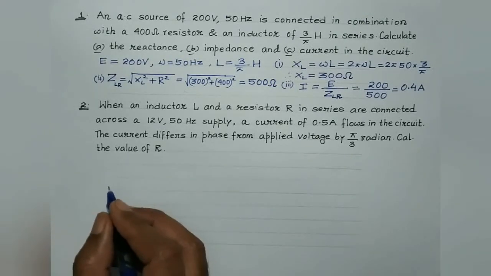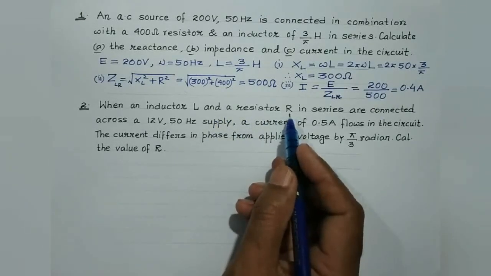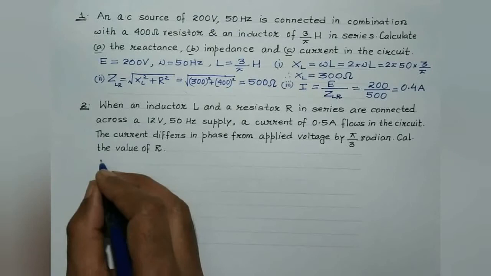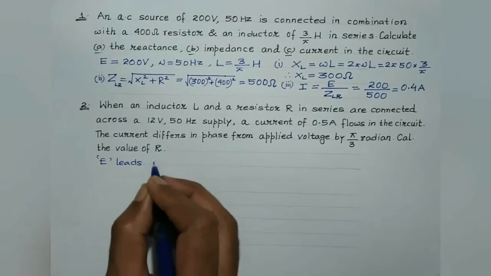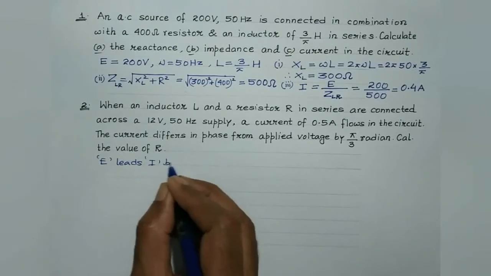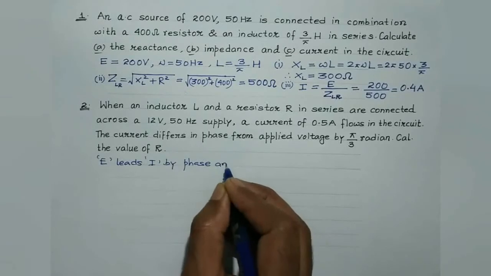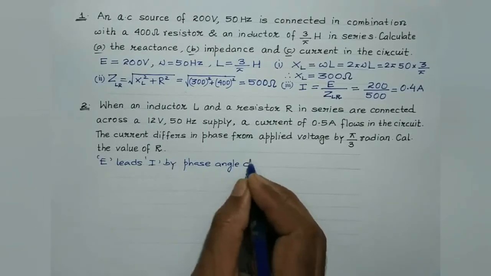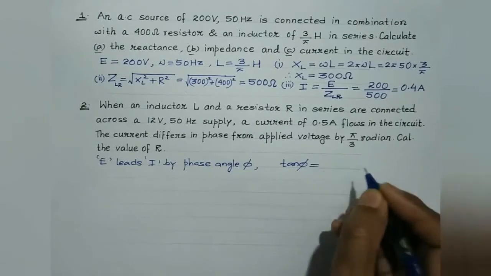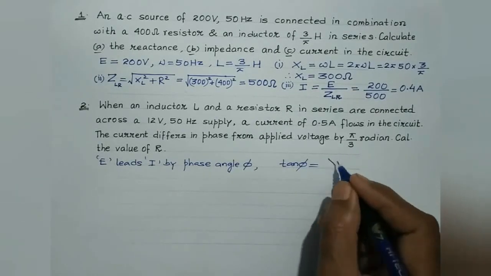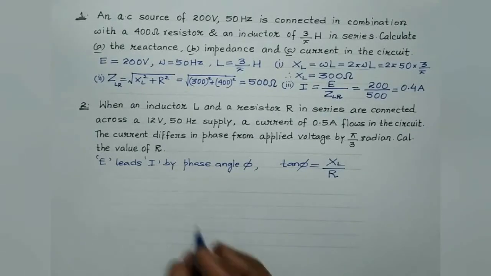So the most important point, students, is that in the case of an LR series AC circuit, the EMF leads current I by phase angle phi, given by tan phi is equal to XL divided by R. This we should be aware of.